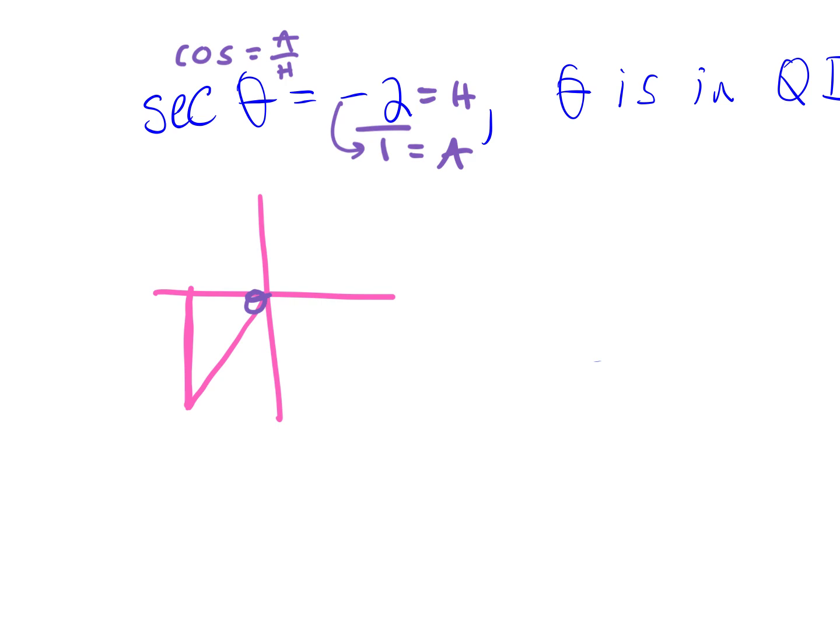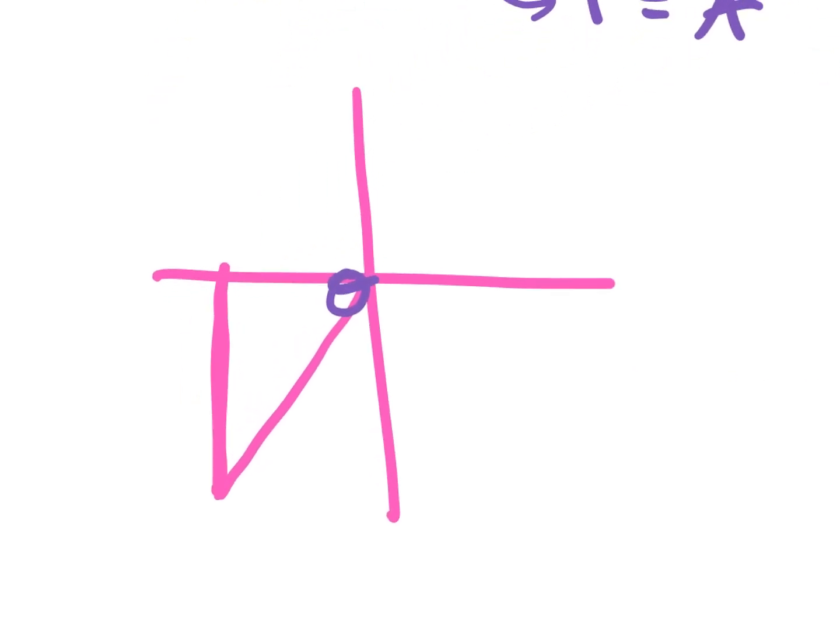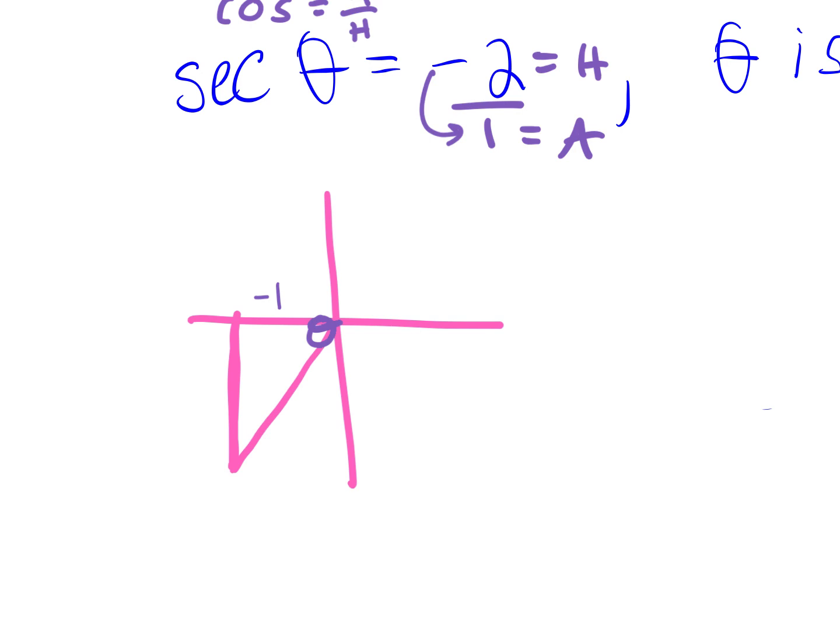So when we draw that, what's adjacent? Looking at our triangle here, what would be adjacent to theta, the x or the y? The x. So here we'd be -1. Which makes sense because we went to the left in the negative direction on the x-axis. Our hypotenuse is 2.